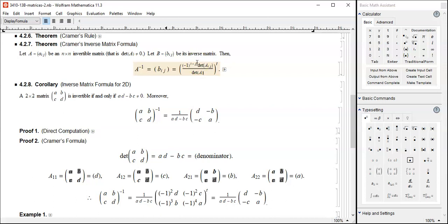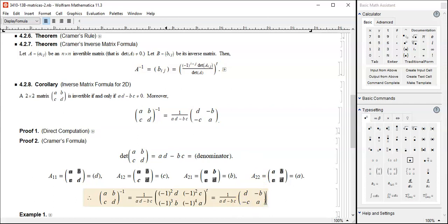If you have 2, 2, negative 1 to the fourth power is positive, and so on. So we have plus, minus, minus, plus, as we have all those signs here. So what did we do? We took care of this scalar multiplication, 1 over AD minus BC, which comes from this denominator, and the signs, plus, minus, minus, plus.